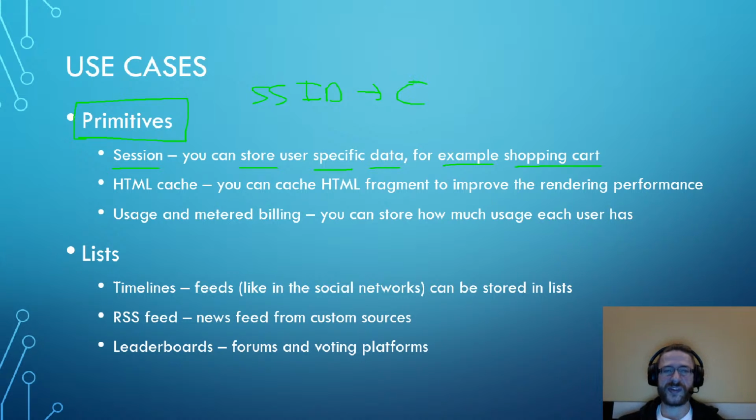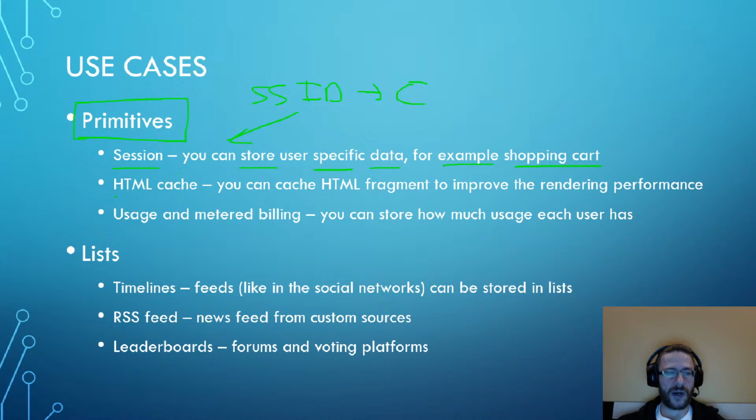Then when we receive the cookie, we can store different parts and different types of values in our Redis instance by this session ID. We can store user-specific data, shopping cart, that's a perfect example.